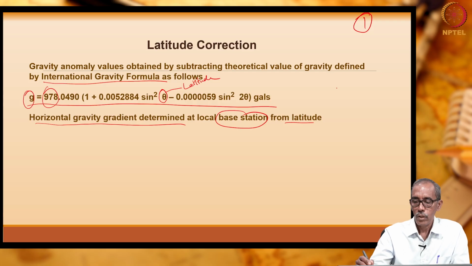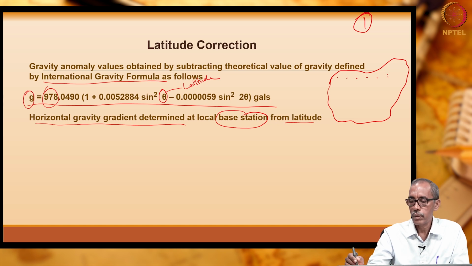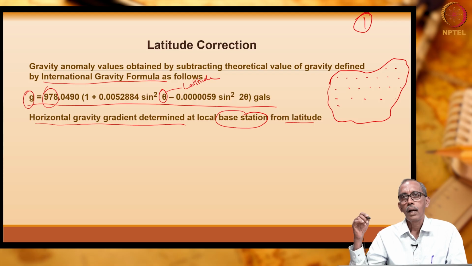When you are doing the survey, suppose this is the boundary of your study site. As we had seen, usually we carry out the gravity measurements in a grid pattern. Among several stations, we choose one station and call it the base station.